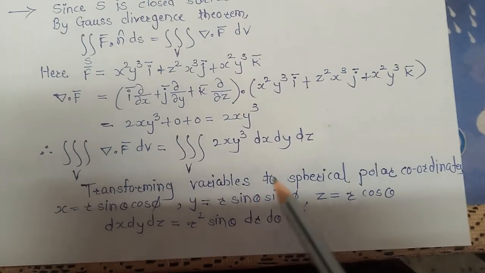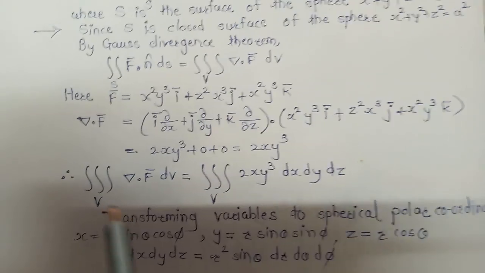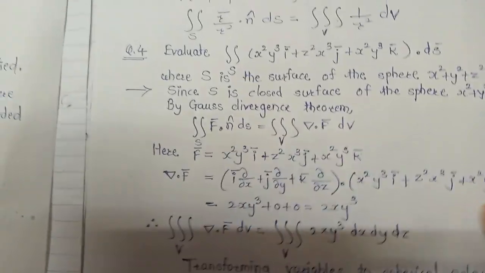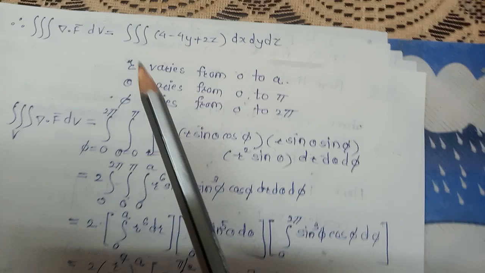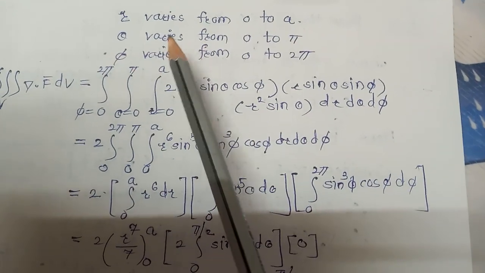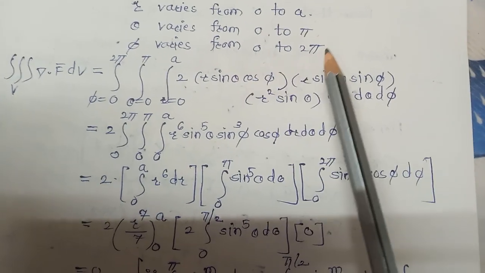Now transforming variables to spherical polar coordinates, this is how we can write x, y, z and dx dy dz. Next, r varies from 0 to a, theta must be from 0 to pi, and phi must be from 0 to 2 pi.